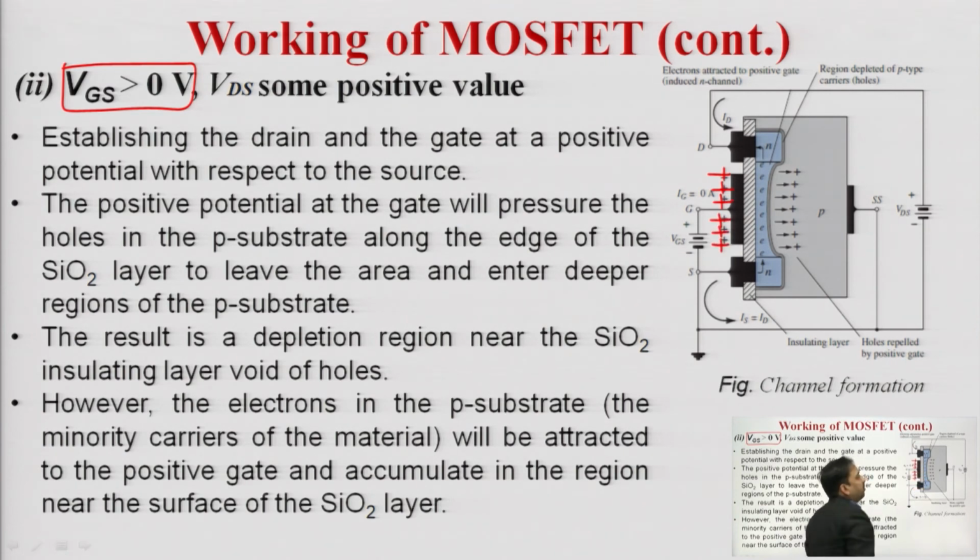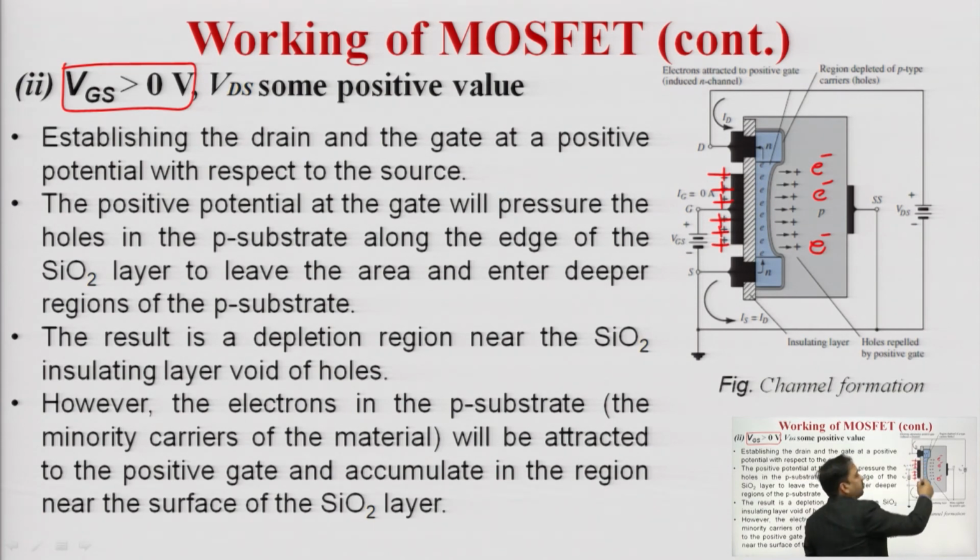Now this positive will attract the electrons. Electrons are minority charge carriers on the p side. So this positive will repel holes and attract electrons. This is the SiO2 layer.